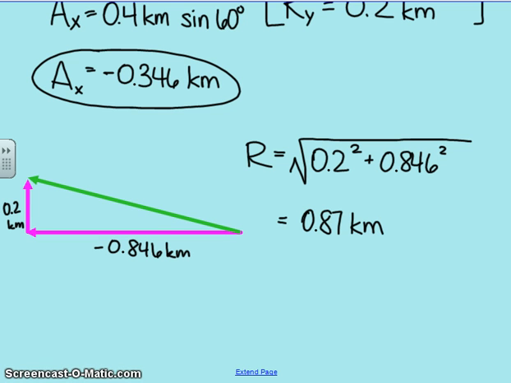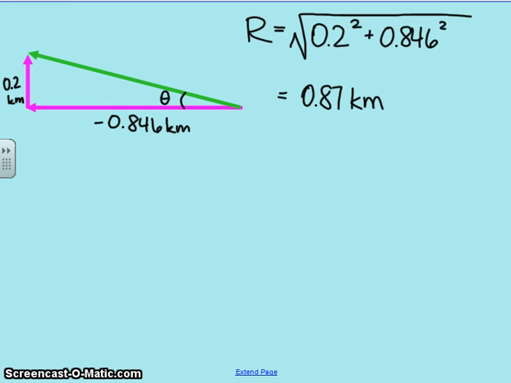But now I need a direction, because vectors need both magnitude and direction. Remember that you always find the angle at the base of your resultant vector. So that would be the angle I've marked right here. I'll use tangent to find this.